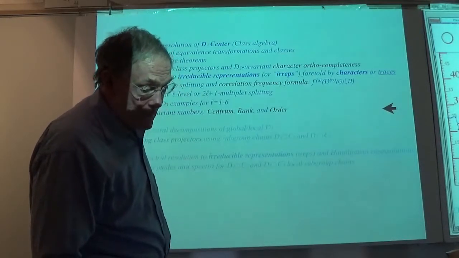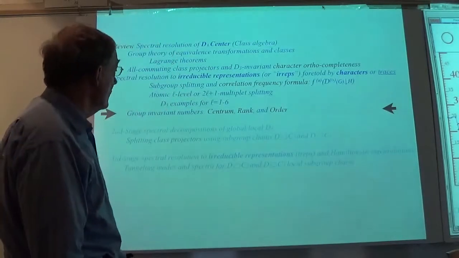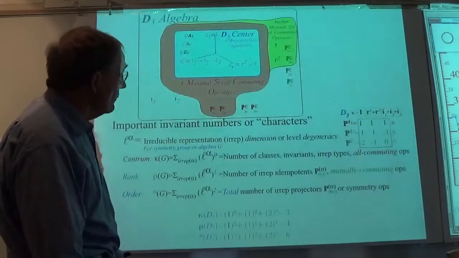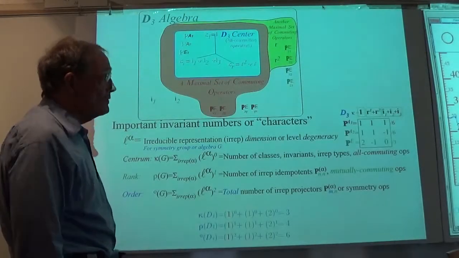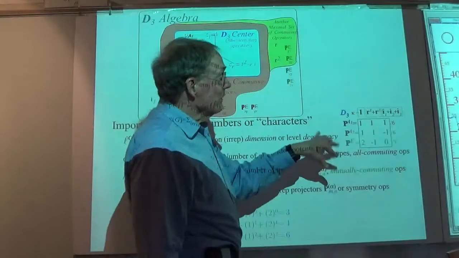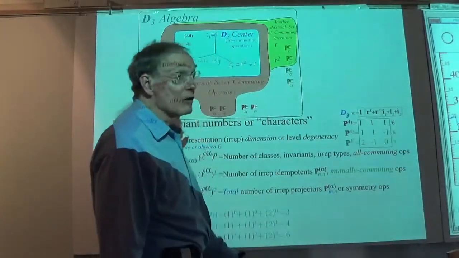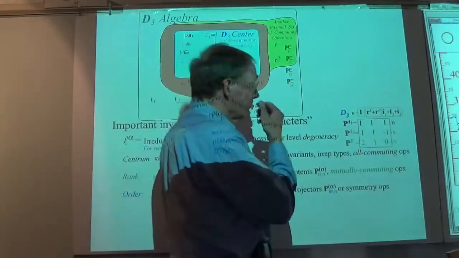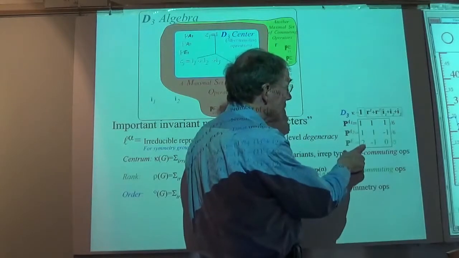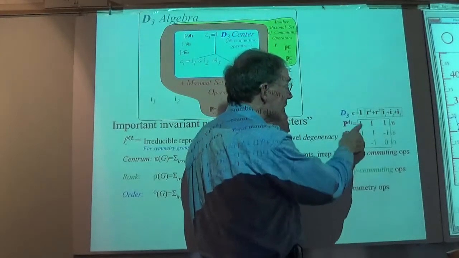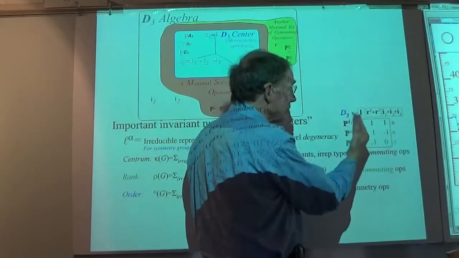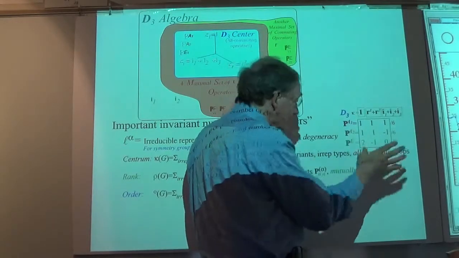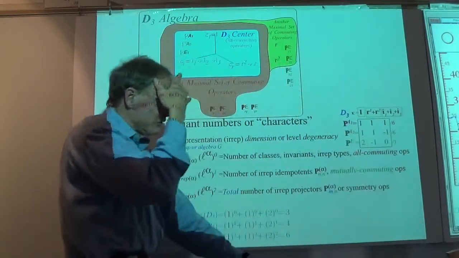Okay, now, one of the things we should do is just say one more time what the major numbers are that get us an idea of what's going to happen with these group reductions. The characters have dimensions in the first column. That's traditional. I'm following that tradition.